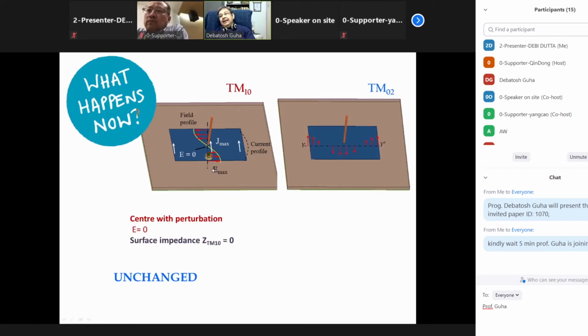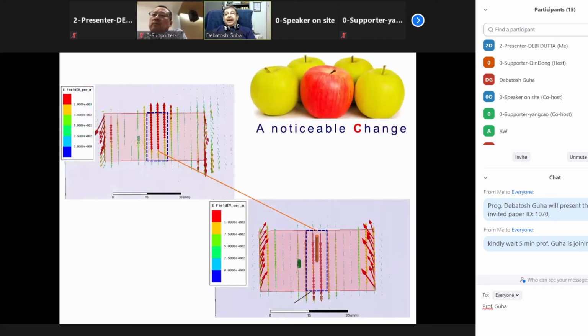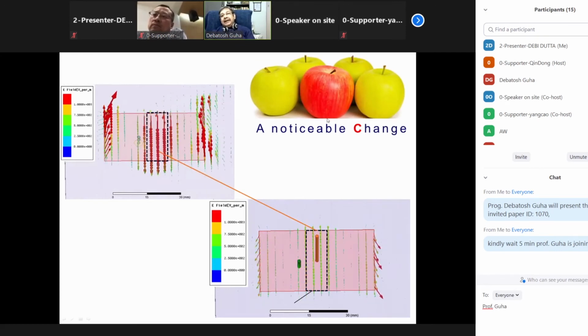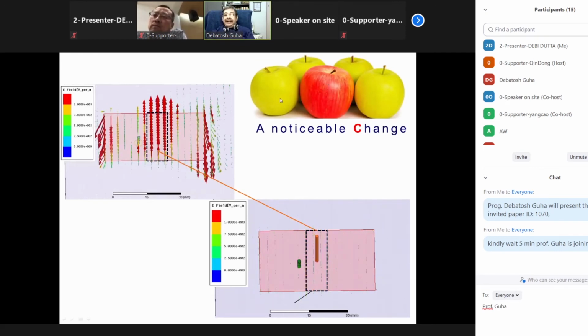The electric field distribution is different, so fields are redistributed. Do you really believe it or not? Let's see. A noticeable change at center. The picture is very symbolic. That one red apple is visible within this green one.